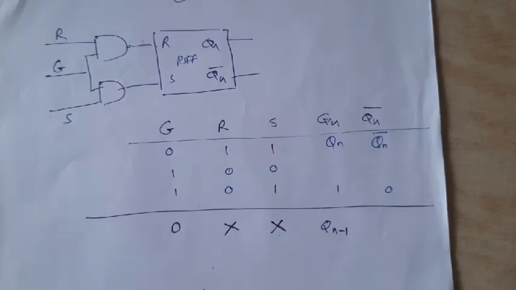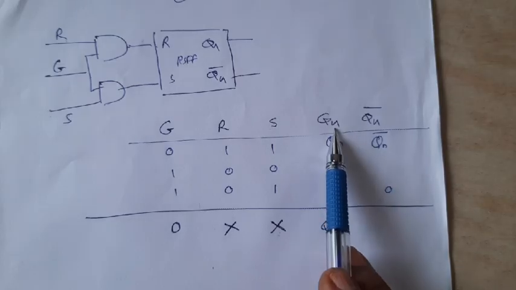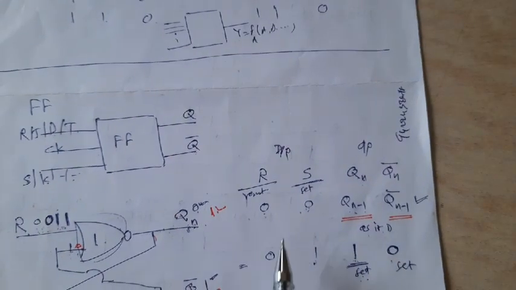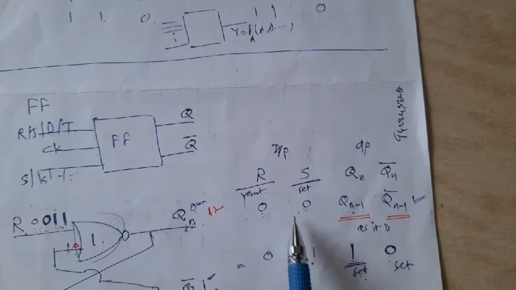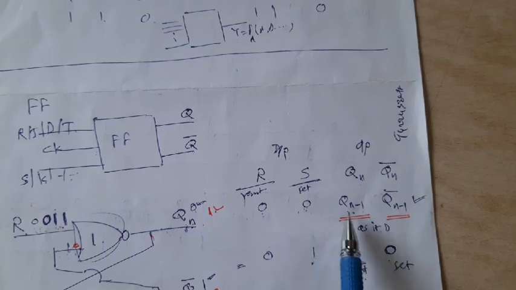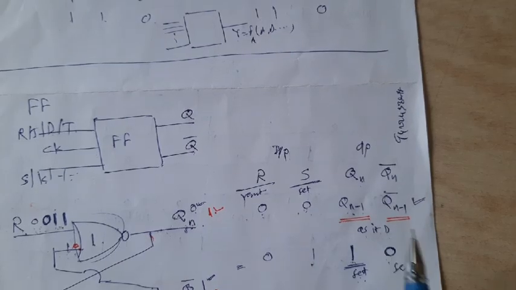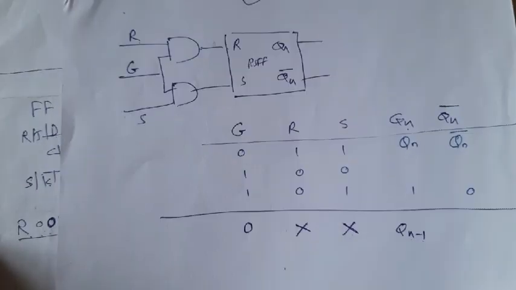And how can I represent that it remains as it is? I can represent that the nth state will be the same as the n minus first state, that is the previous state, and we are aware about that. Here also we have mentioned that if it is 0, 0, then it remains as it is, right? Okay.